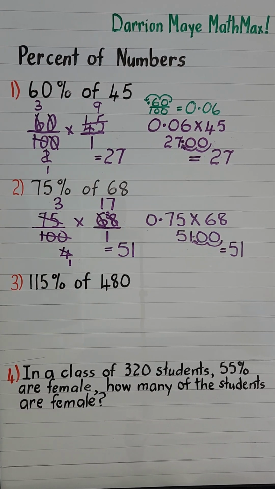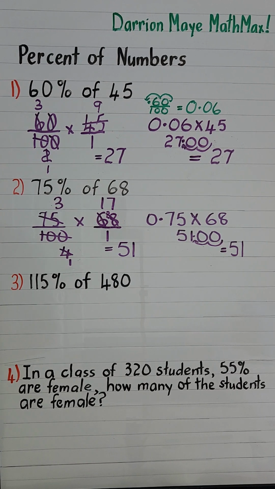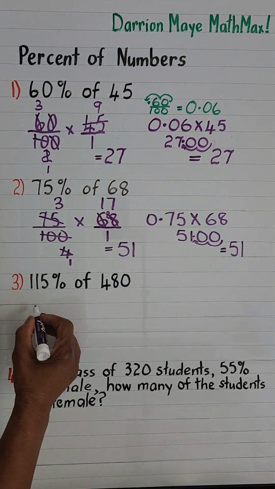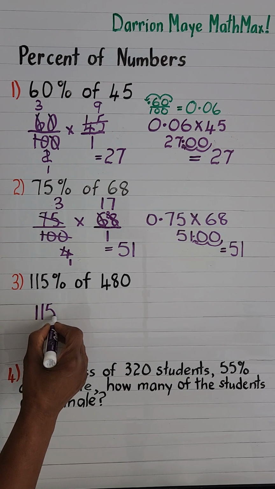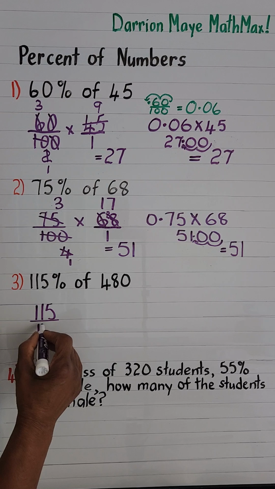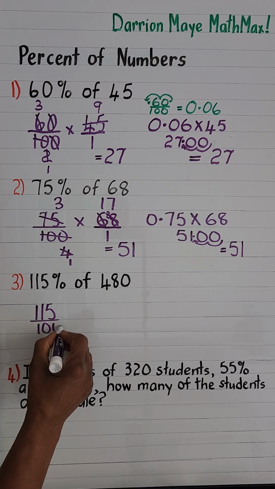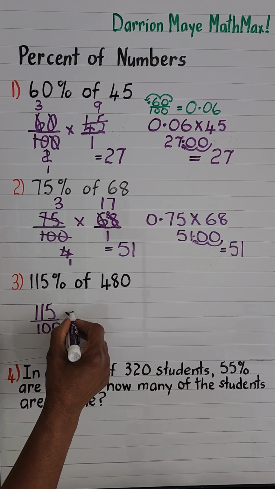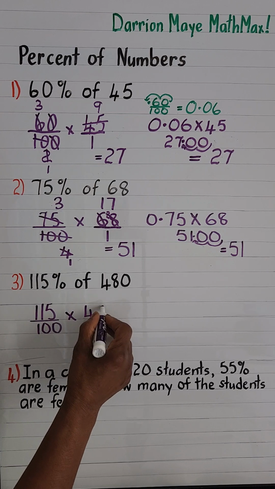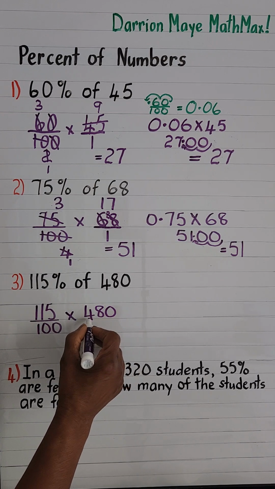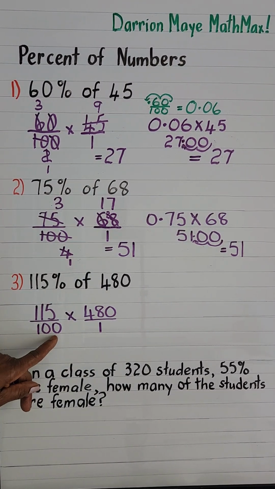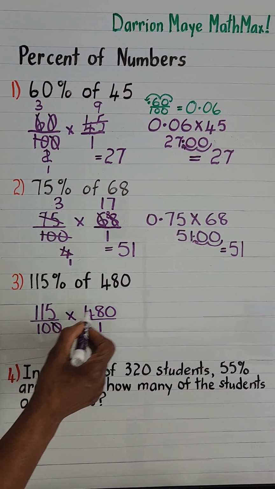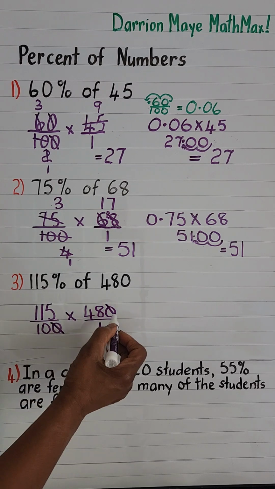Moving right along, 115% of 480. So it's 115 over 100 times 480 over 1. Cross multiply, divide by 10. That means this 0 cancels this 0.